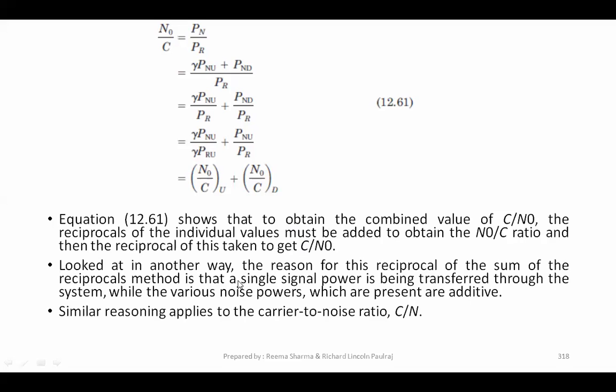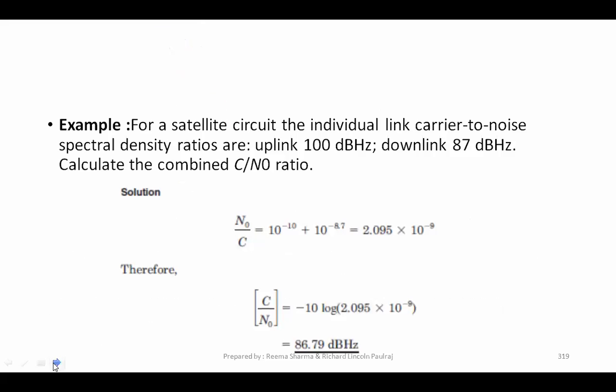Looked at in the other way, the reason for this sum of reciprocals method is that a single carrier power is being transferred through the system, while the various noise powers which are present are additive. So noise will always get added because they are passing through amplifiers. Similar reasoning applies to the carrier to noise ratio.